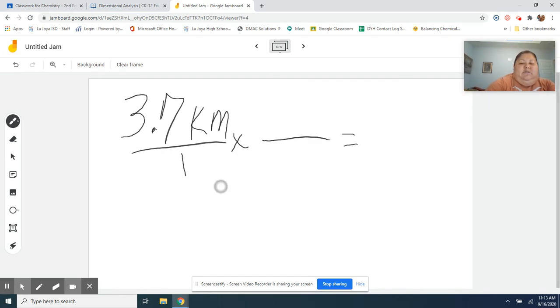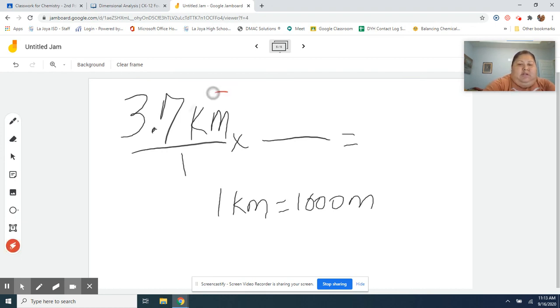Now I'm going to tell you that 1 kilometer is much longer than a meter. And if you remember earlier, I said 1 kilometer is equal to 1,000 meters. Okay. First thing you need to do is decide where kilometers need to go. Now, remember, kilometers is here on top. So, where does kilometers need to go? Pause me so that you can think.